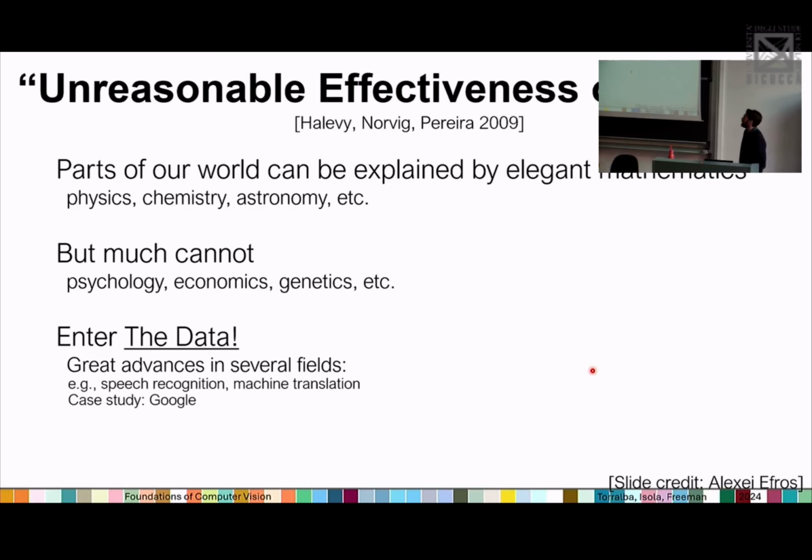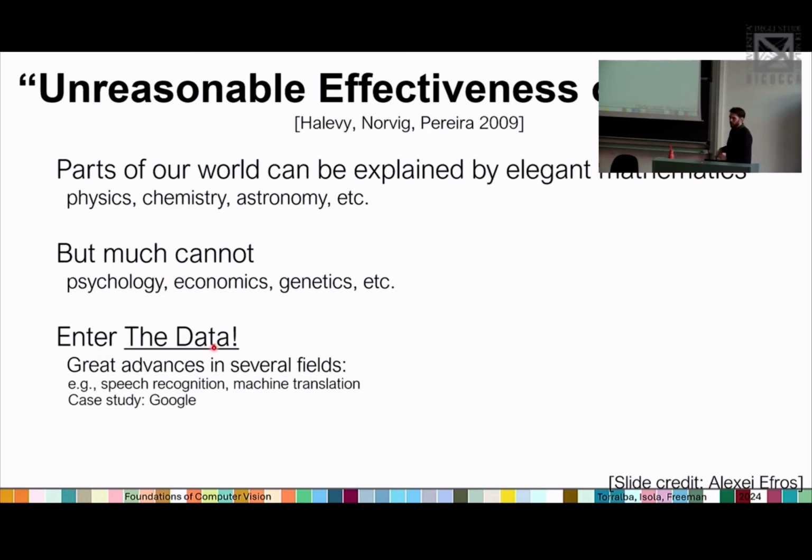This goes to the concept that was introduced in a paper in 2009 about the unreasonable effectiveness of data. I come from physics, I'm a physicist, and what a physicist usually wants to do is get the simplest model with the least amount of free parameters, or one free parameter at most, derived from general rules and explained by elegant mathematics, and that's the basis of physics, chemistry, and so on.